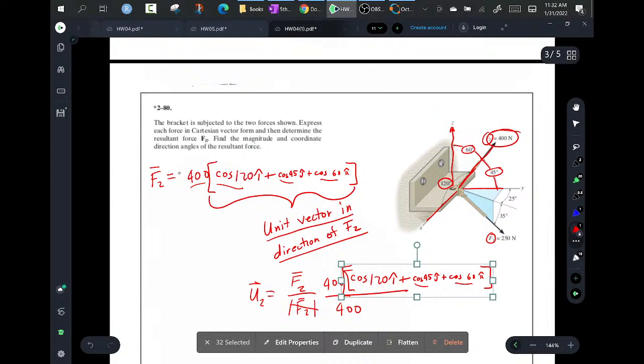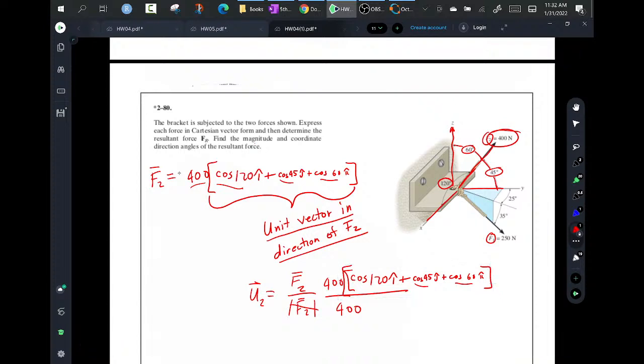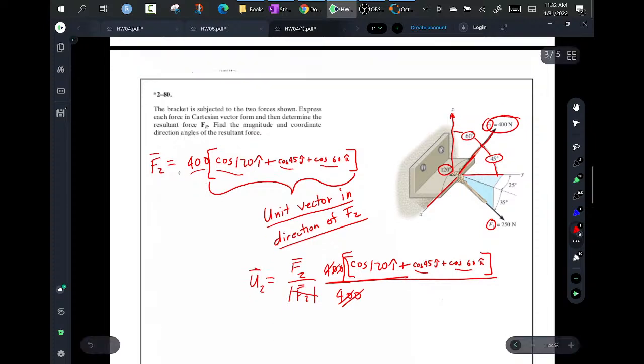So, okay, now I have to hit the escape button. Yeah, it goes away. So essentially that's the case. Well, it cancels the 400. And hey, wait a minute.